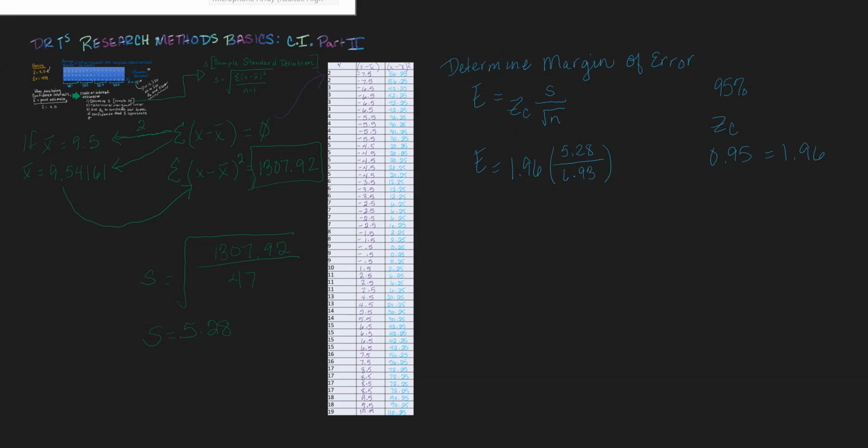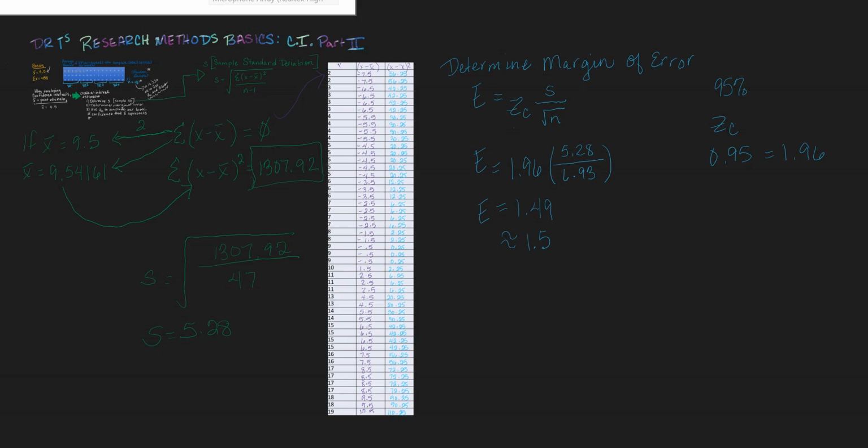The square root of 48 is 6.93. Once we complete this math, we will see a margin of error of about 1.49. I think I'm going to go ahead and just round it up to make it a little bit easier on us, and I'll say our margin of error is 1.5.